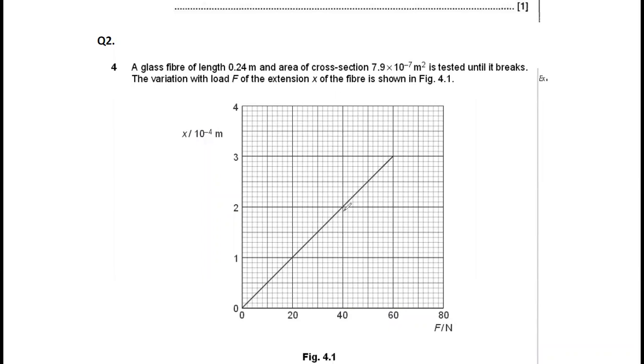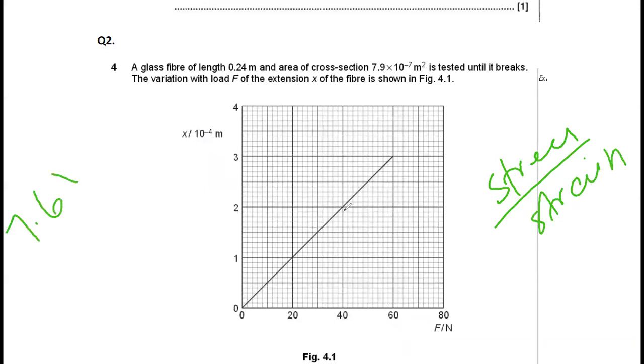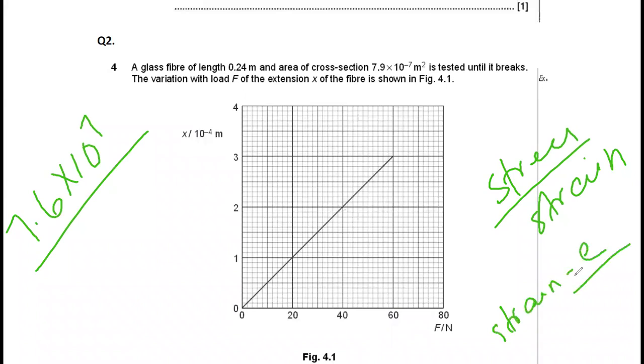Your formula for Young modulus is stress over strain. Your stress is going to be 7.6 into 10 raised to power 7. And your strain is going to be, how do we calculate strain? Extension divided by original length, right? Extension, if you read from the graph, it is giving you 3 into 10 raised to power negative 4.